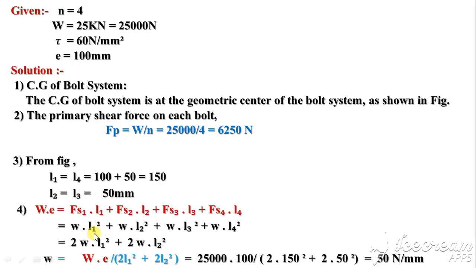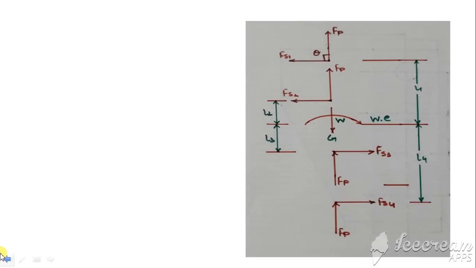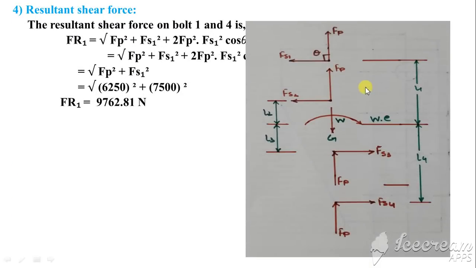In this numerical, as L1 and L4 are the same, it is twice w L1 square, and L2 and L3 are the same, so it is twice L2 square. Rearranging the equation, W e divided by this common term, 2 into L1 square plus L2 square, you can get this small w as the intensity of the load.